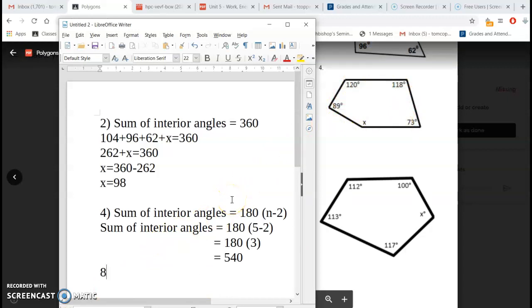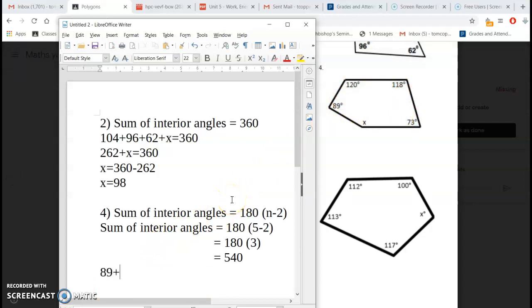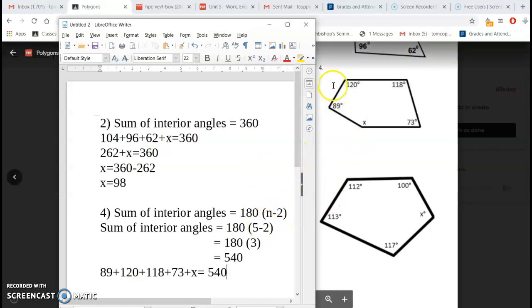So we do 89 plus 120 plus 118 plus 73 plus x, because we have to find the x, is equal to 540 degrees, because we know that the sum of the interior angles is equal to 540 degrees.